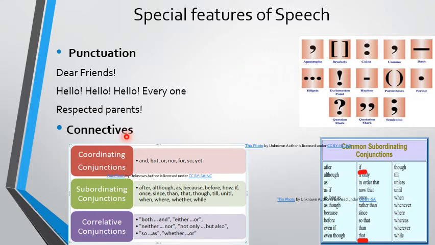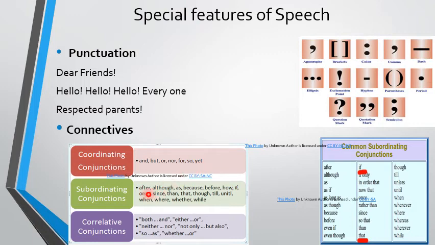Then connectives. Connectives are really very important, and for your reinforcement, I've put this worksheet here. The first part shows you the coordinating conjunctions, which are FANBOYS, which connect two sentences of the same rank.